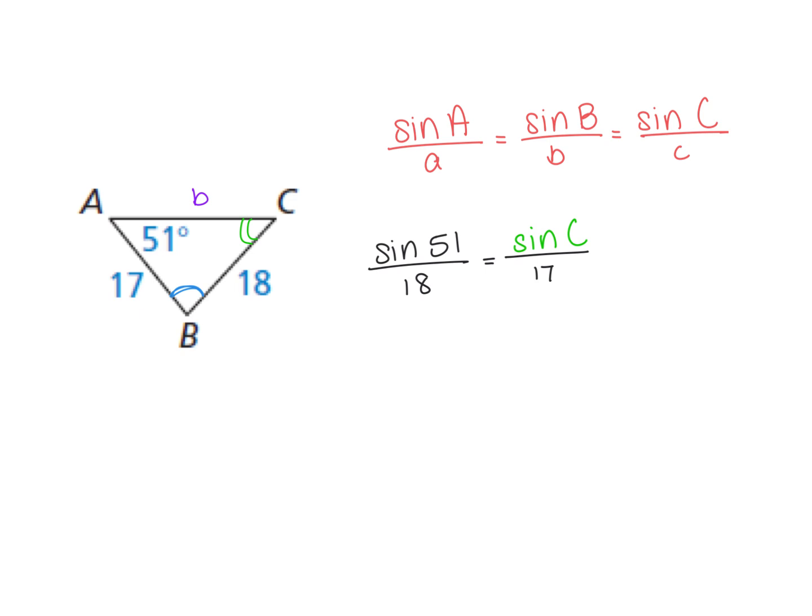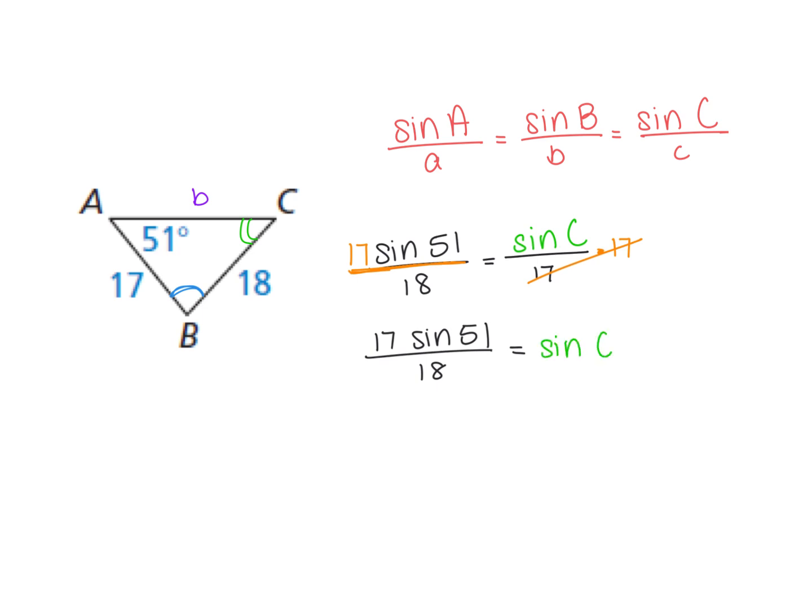So I'm multiplying by 17 on both sides. Keep in mind, it's 17 over 1, so I'm just going to put it on my numerator. These are going to cancel out. So what do I have right now? I have 17 sine 51 over 18 equals sine C.